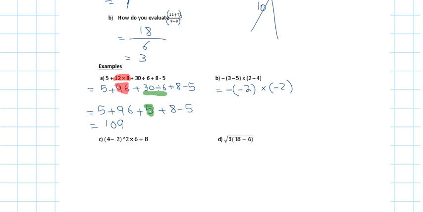When you see two signs right after each other, you want to get rid of that. What's negative and followed by a negative? Positive. So that's the same thing as writing 2 times negative 2. Yeah? What's 2 times negative 2? Negative 4. That's your final answer.